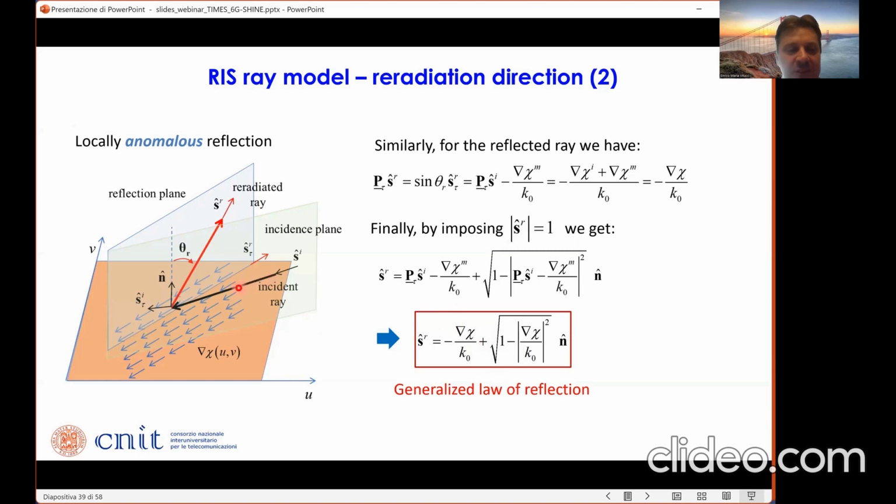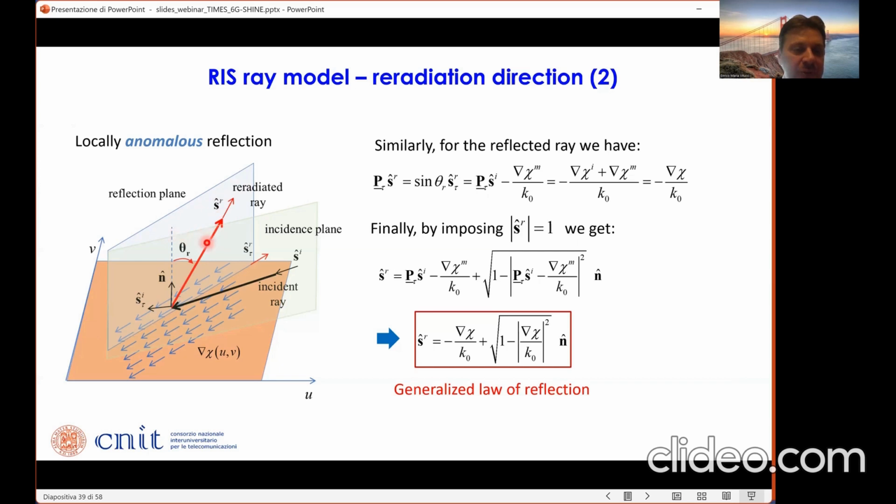So as we can see in this figure, in general, we have locally a plane wave, so a precise SI incidence direction. This direction lies on a plane, which is the incident plane, and after hitting the RIS surface, the wave is reflected along this direction, SR, which belongs in general to a different plane, which is the reflection or radiation plane.